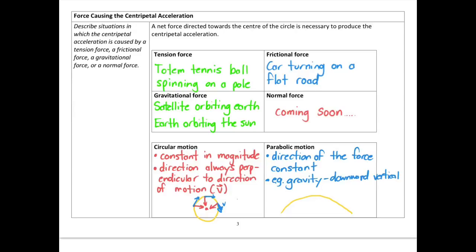That should be a right angle there, sorry. Where we have a force and an acceleration at 90 degrees to the velocity vector, we get circular motion.